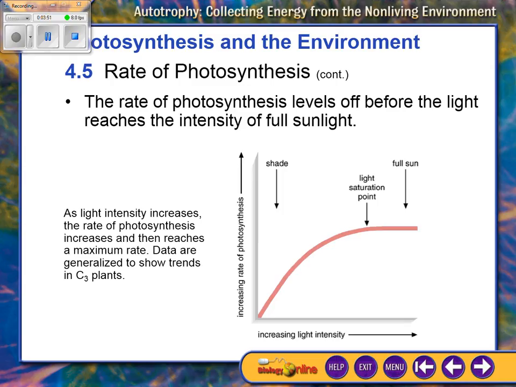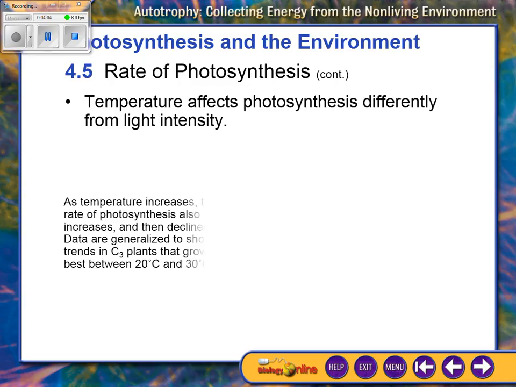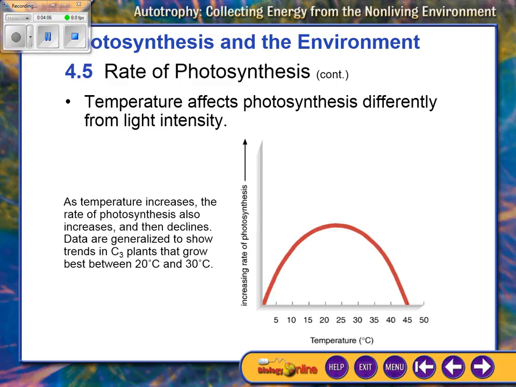Okay, the next one. What do you think about temperature? Do you think temperature can affect the rate of photosynthesis? Is it better to be hot, cold, in between? Okay, so let's see. It's in between, a bell curve.